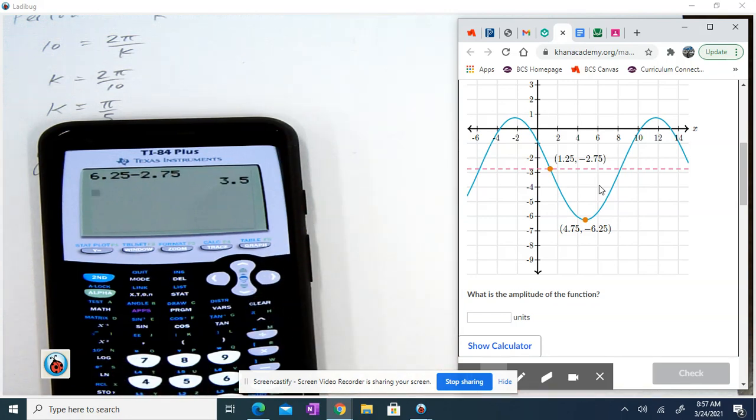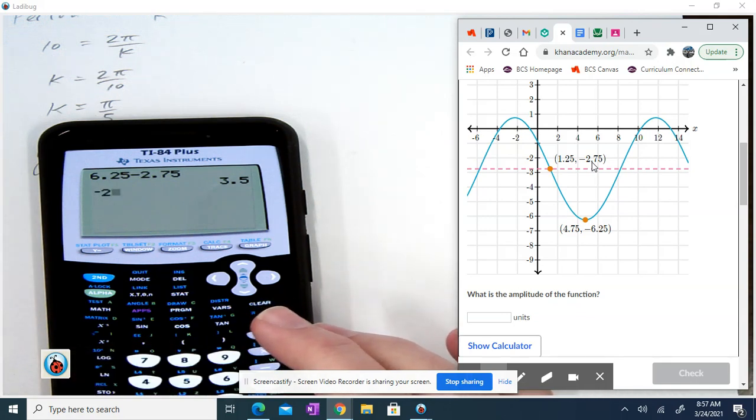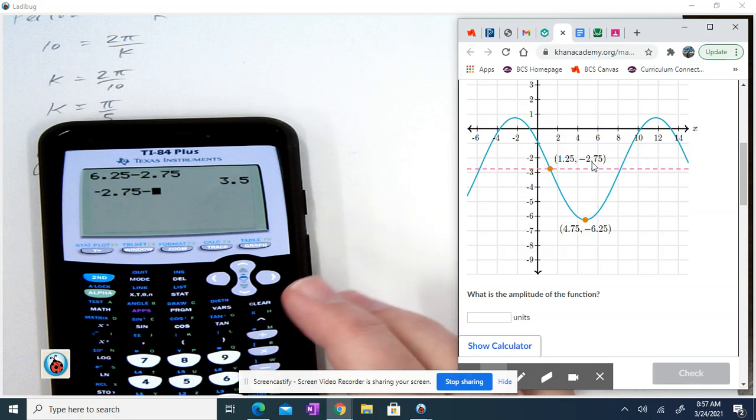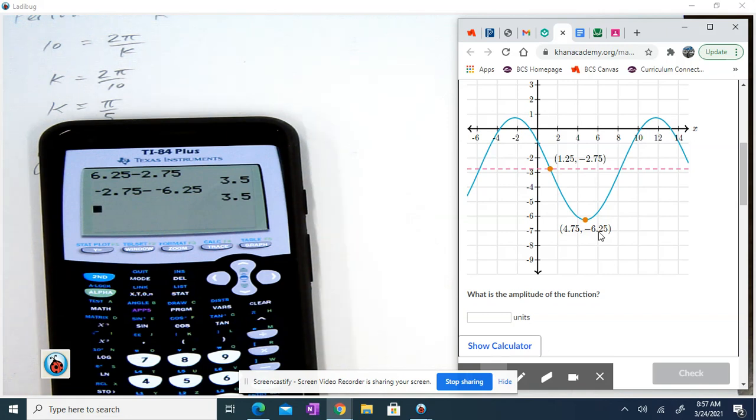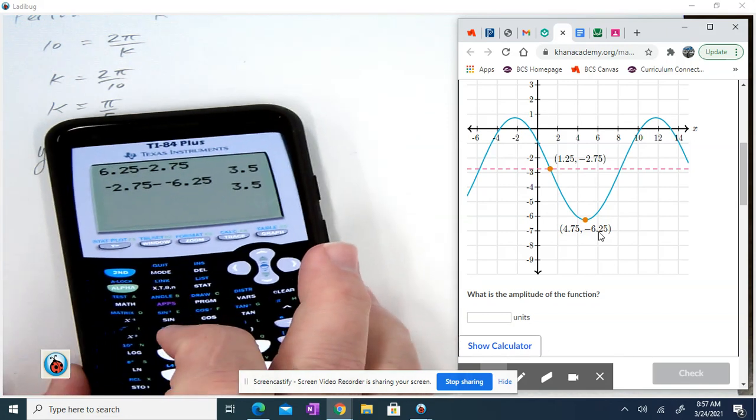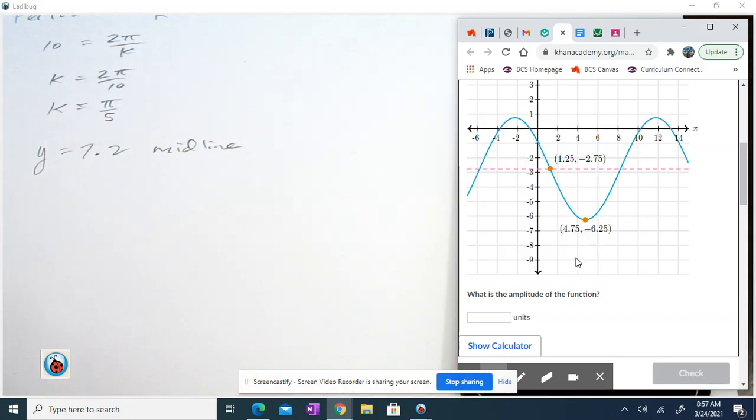And I get negative 3.5. Now, if you use the negatives, you do negative 2.75 minus negative 6.25. And you still get 3.5 either way. So the amplitude is 3.5.